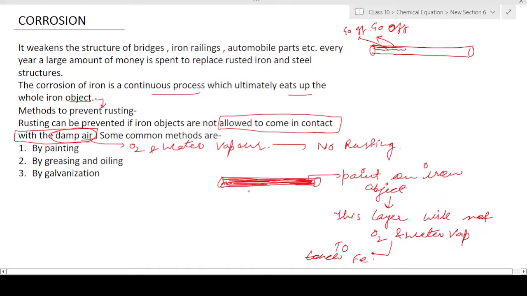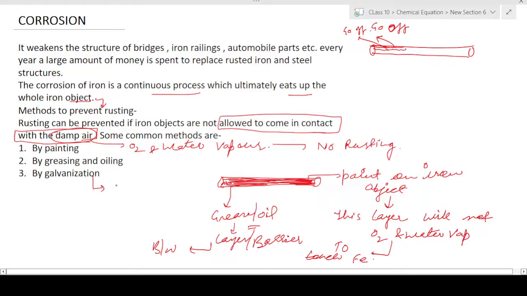Now if instead of the paint, you apply grease or even oil, then it will also create a layer or a barrier between the iron and the atmospheric gas, that is oxygen as well as the water vapor, and thus again rusting can be prevented. Now what is galvanization?